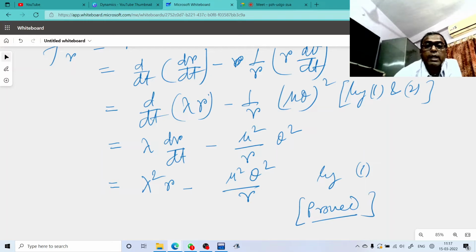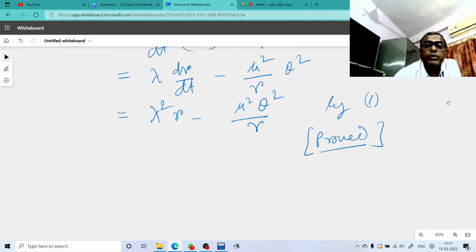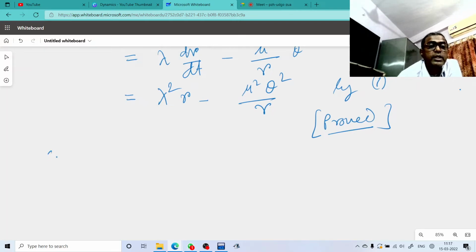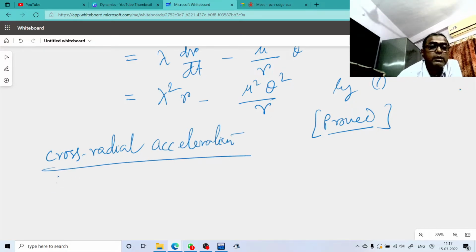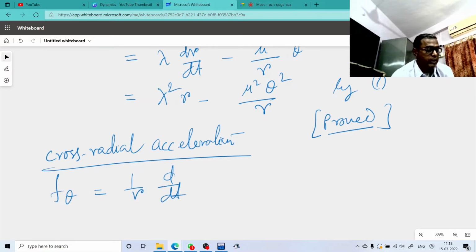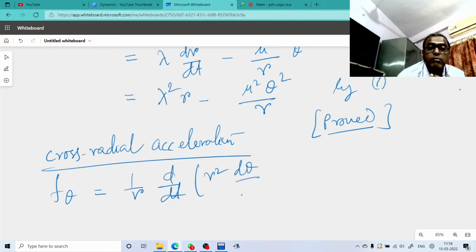Next part, cross radial component or transverse component of the acceleration. Cross radial acceleration, F theta is equal to 1 by r d/dt of r square d theta/dt.